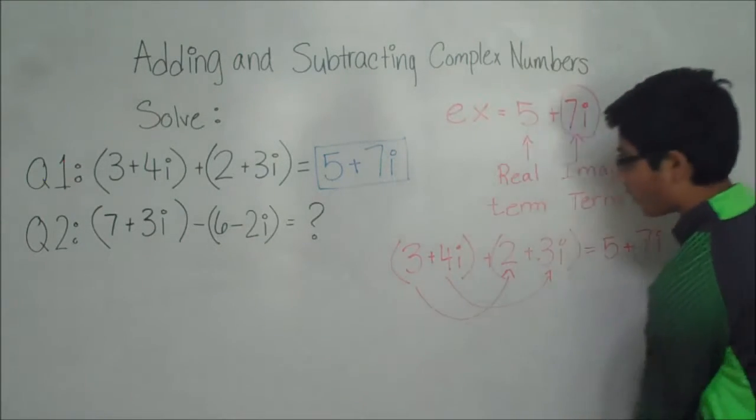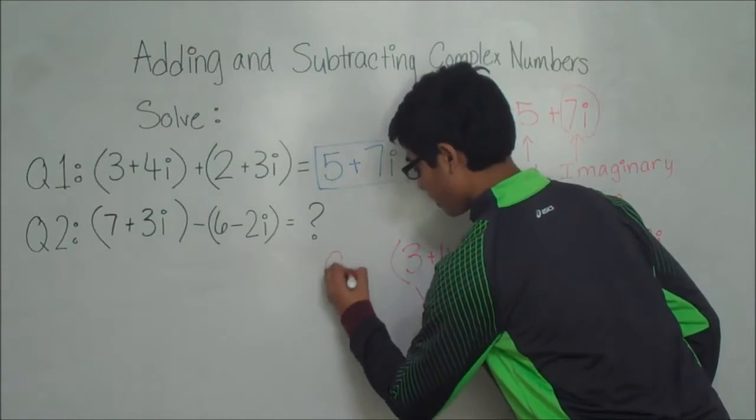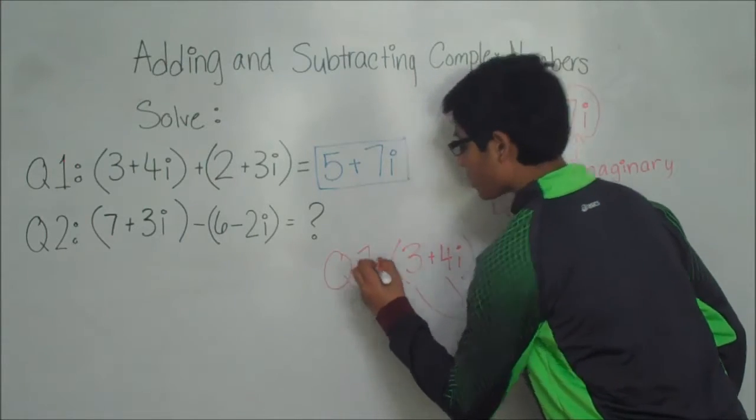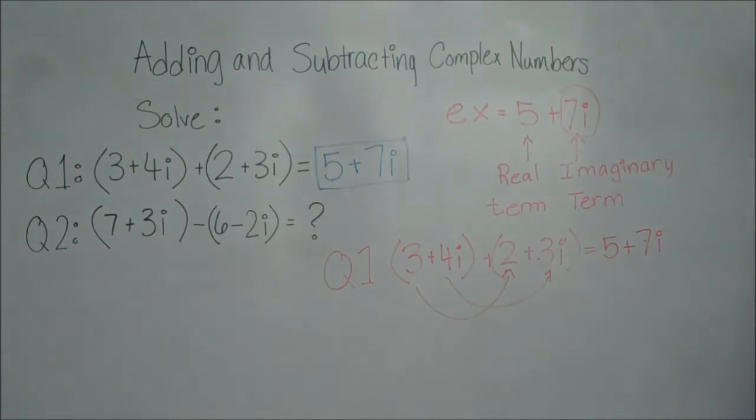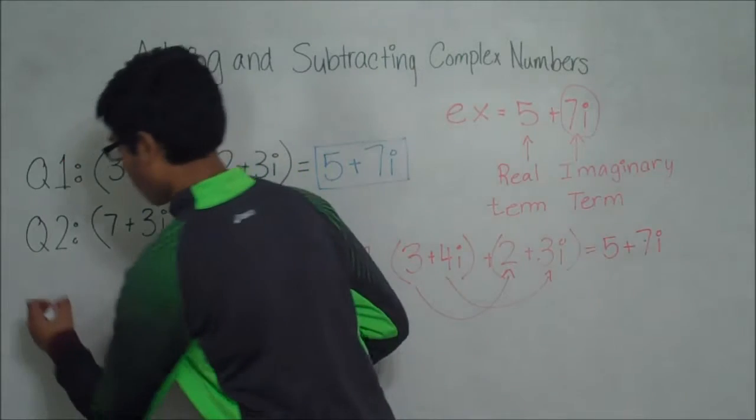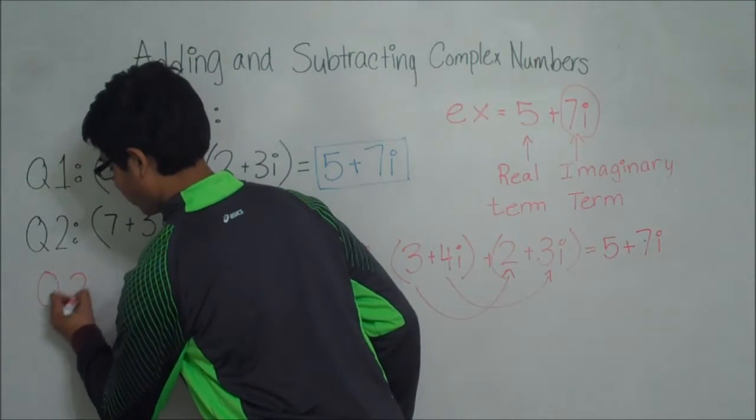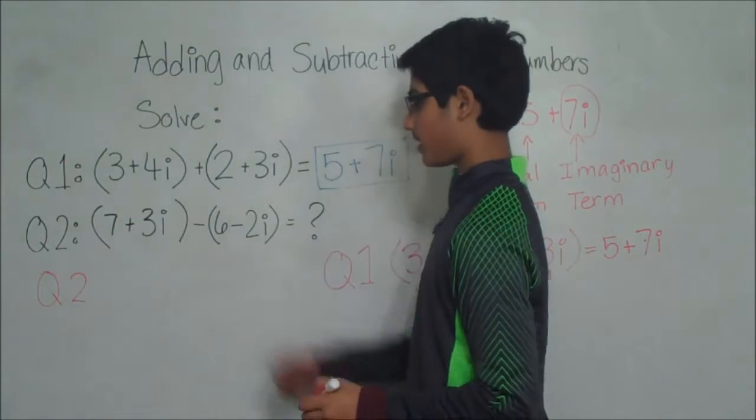So now let's solve question 2. This is question 1, which was adding complex numbers. Now let's solve question 2, which is subtracting complex numbers.